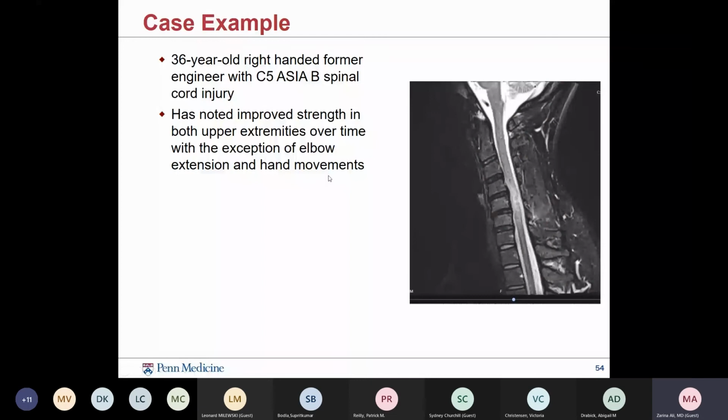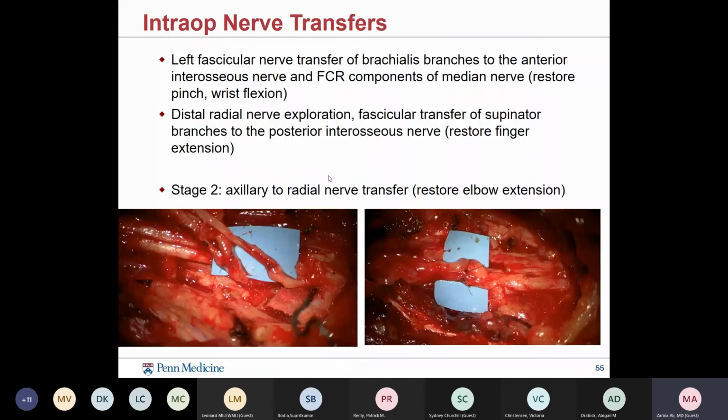This is another case we just recently did of a 36-year-old with an ASIA B C5 injury, who was noted to have some improvement over time, but without the ability to extend at the elbow and loss of pinch. So this was a patient that we took for a direct nerve transfer where we utilized that brachialis branch because he had good elbow flexion.